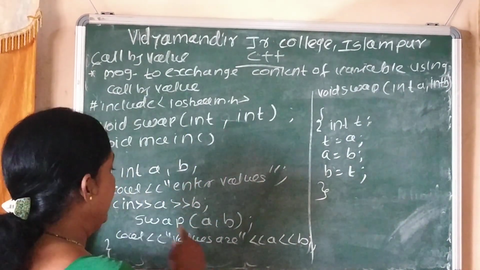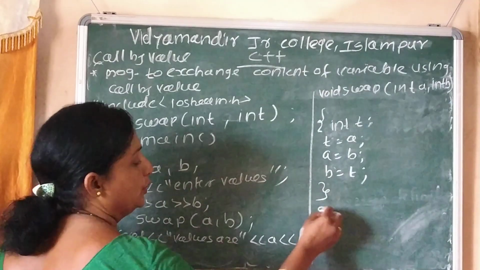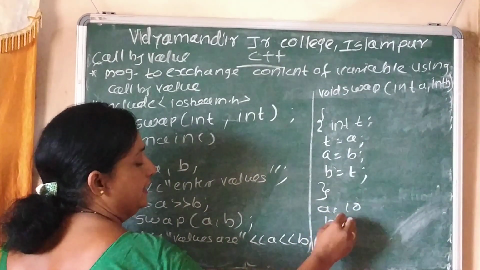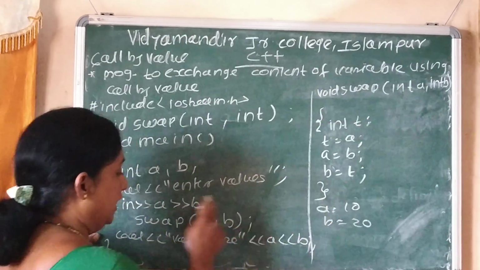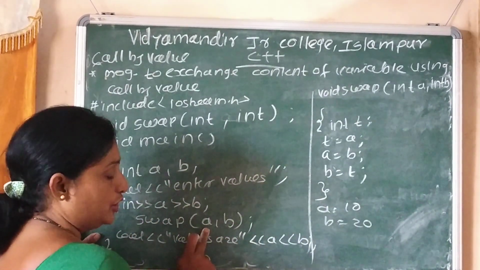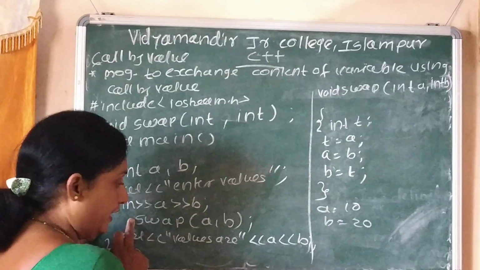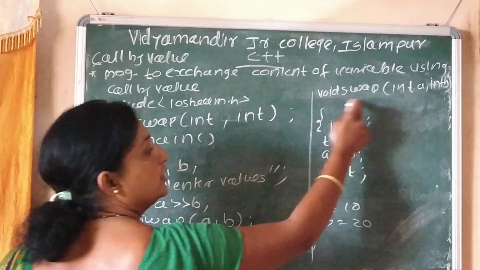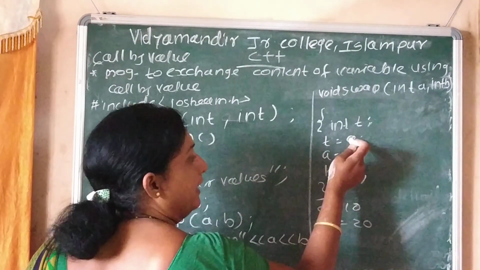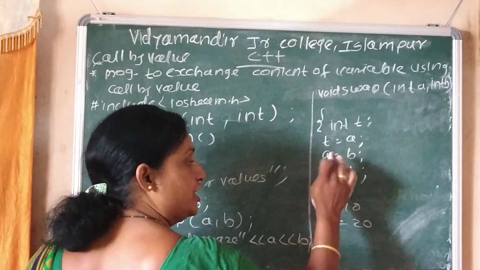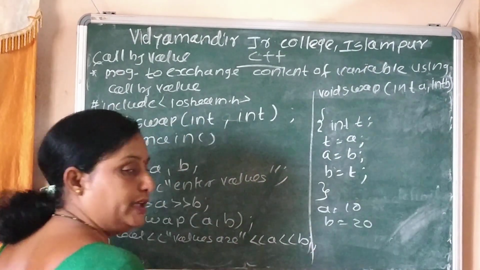If the value of a is equal to 10, b is equal to 20. After that, control transfers to the function call. When the function is called, again control transfers to the function definition. And here the value of a and also the value of b is changed.